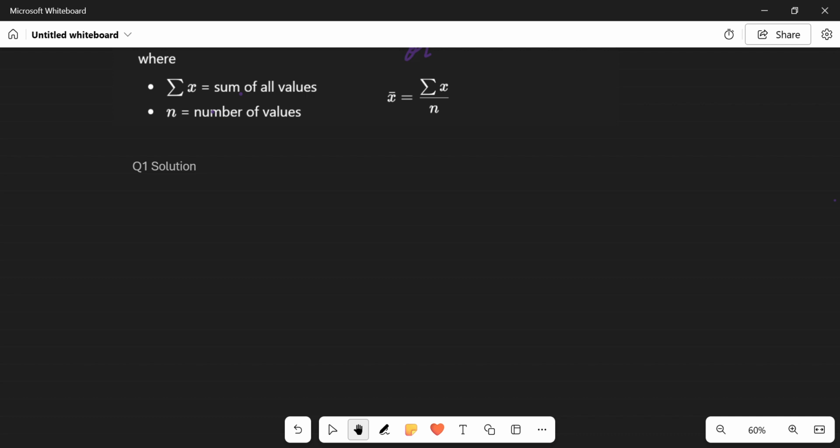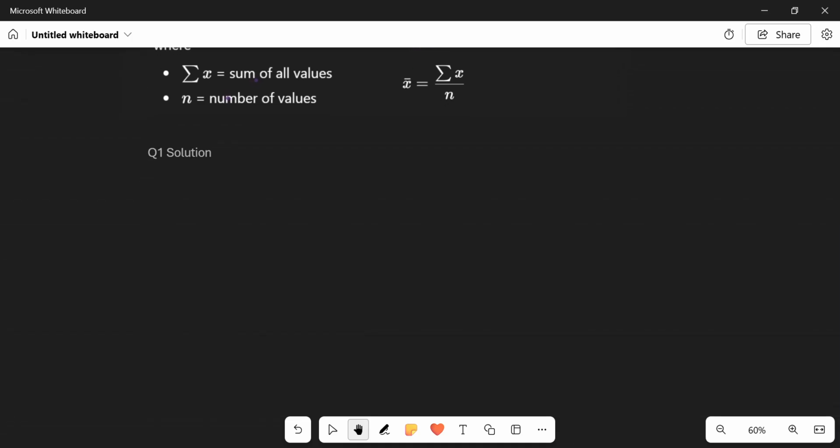So find the mean number of passengers on the coaches. You need to find the average. As you know the formula, first of all, you need to find the mean number of passengers, so the sum of the number of passengers.